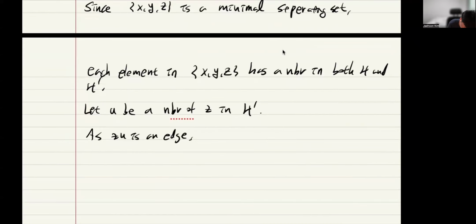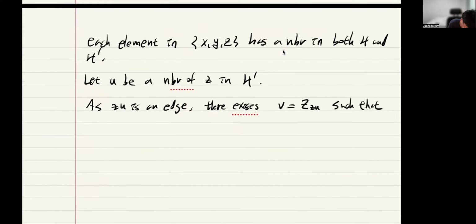That means there exists a w, which is z sub zu, meaning that it's the companion of this edge zu, such that z, u, w is a separating set.